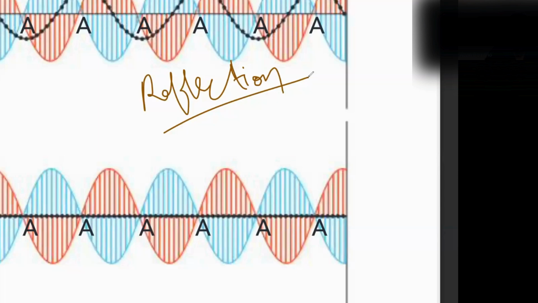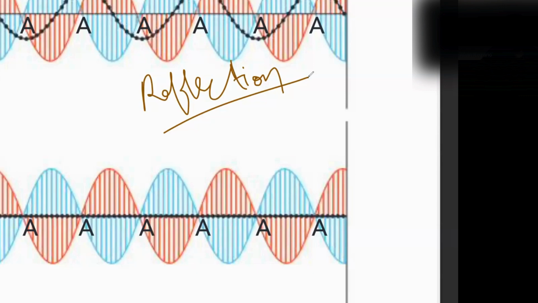That is the reason why in that pipe example, when the wave got reflected, there was a phase difference of pi. And that phase difference pi is what creates the standing waves. I hope you're understanding how standing waves occur now.